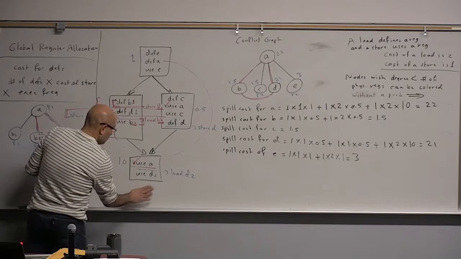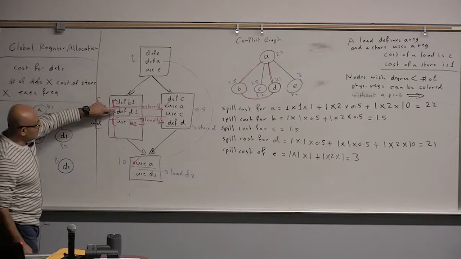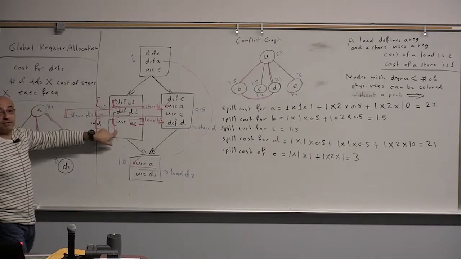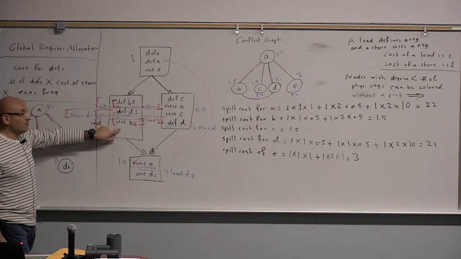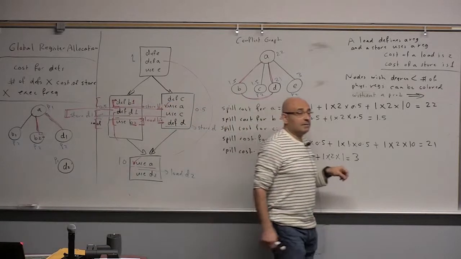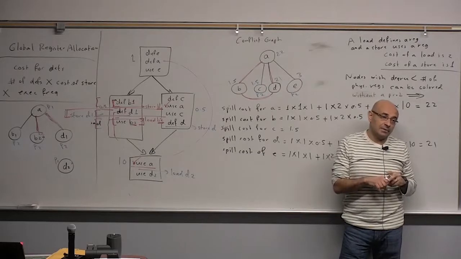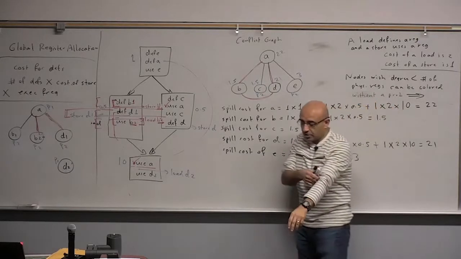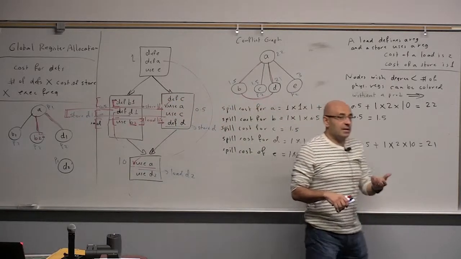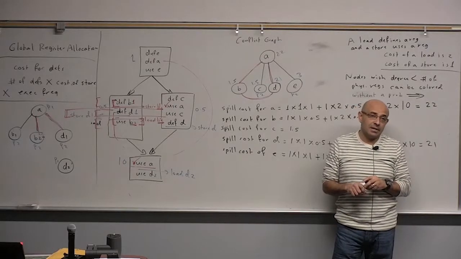By the way, someone suggested last time that we can solve this problem by moving the definition of D to be after the use of B. Moving D after the use of B would have solved the problem, but compilers don't do this because the compiler doesn't do register allocation and instruction scheduling at the same time. Most production compilers do not do scheduling, moving instructions around, and register allocation at the same time because this will be too complex.